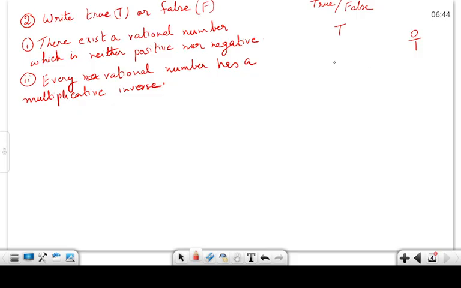This is actually false. Why? Because if you find the multiplicative inverse of 0, it is 1 by 0, and that is an indeterminate value. Therefore, this number 2 is false.